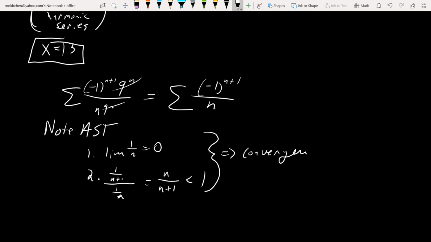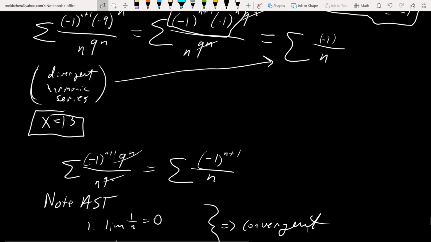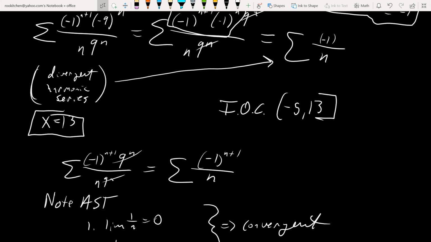It's the alternating harmonic series. Okay, folks? Okay, so at the end of the day, the interval of convergence, I'll just call that IOC, is going to be negative 5 to 13, including 13.